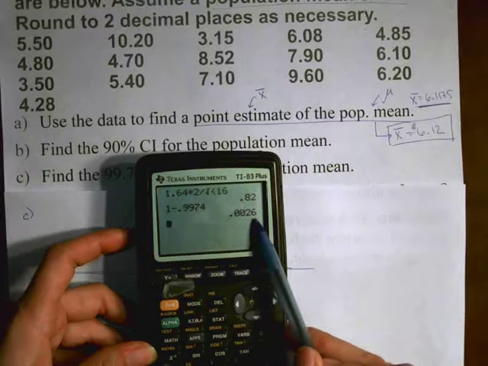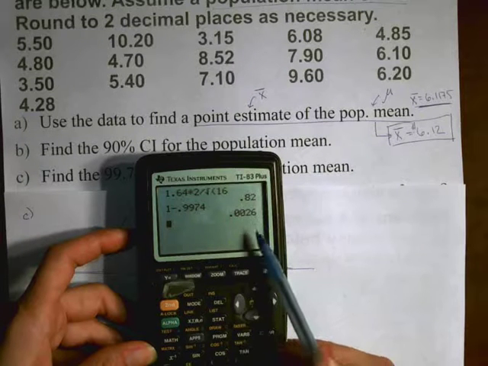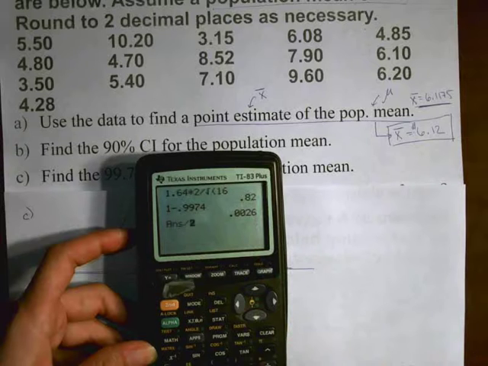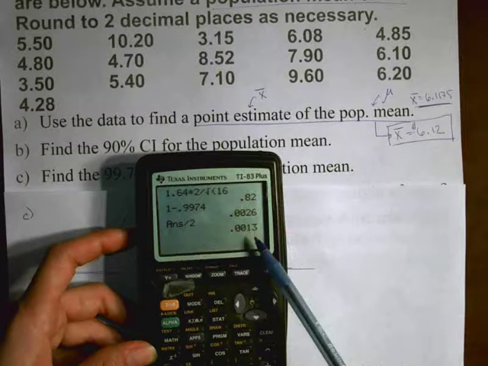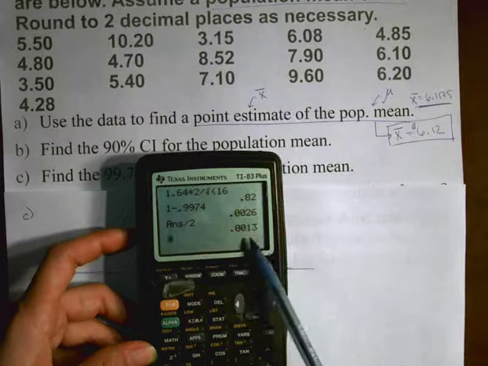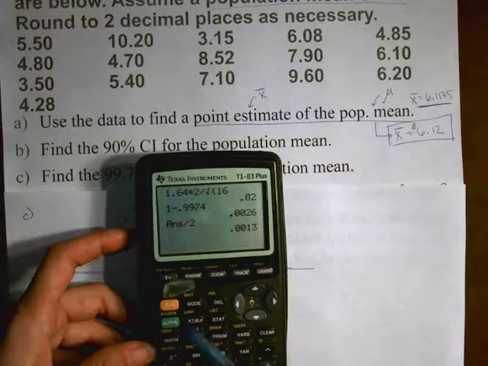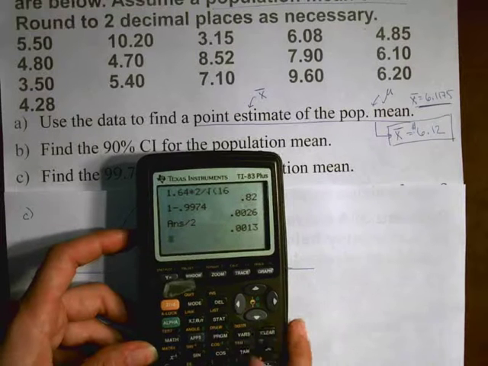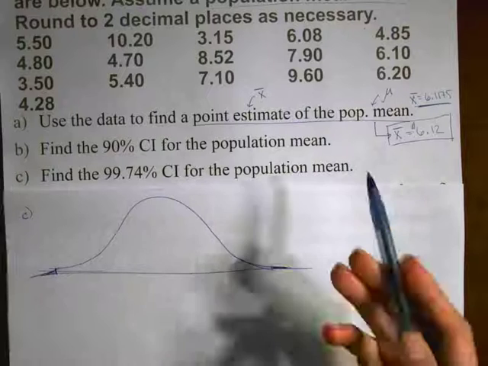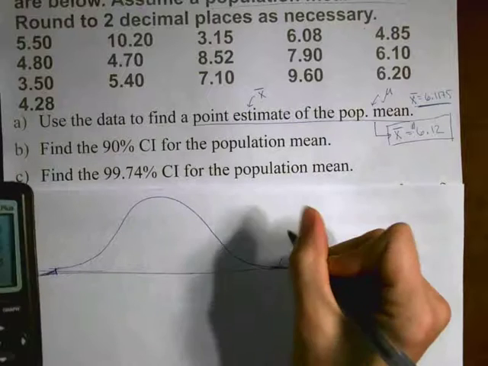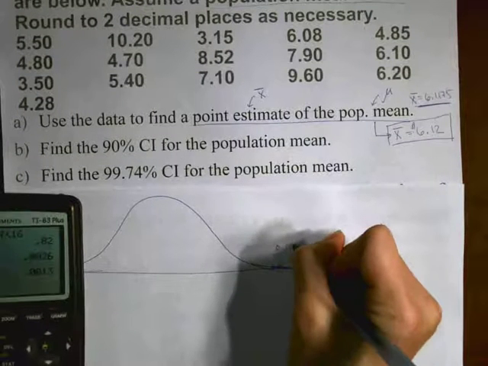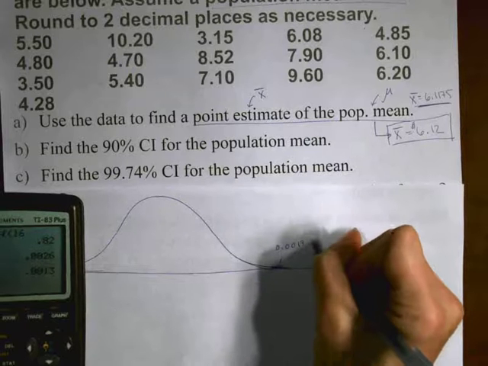So we're looking for something that amounts to 0.0026 or 0.26% of the area under the curve. So that is my alpha value there. I'm going to divide that by 2 to get alpha divided by 2, so I know what area under the curve I am looking for with my z table in order to solve the problem.